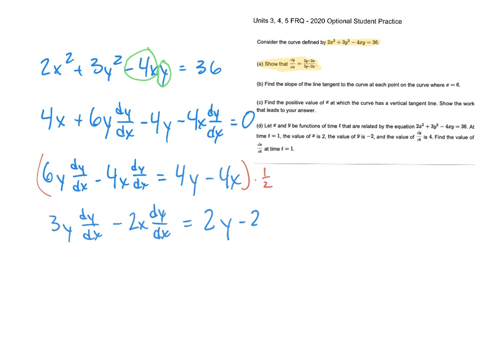I do not like the way that x turned out. Let me clean that up. Okay, we're going to factor out dy dx. That leaves 3y minus 2x. And last step is to divide by that factor, 3y minus 2x, on both sides.